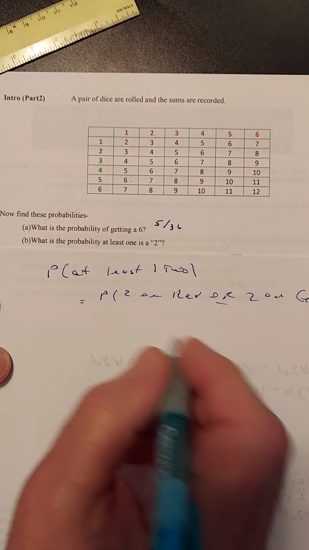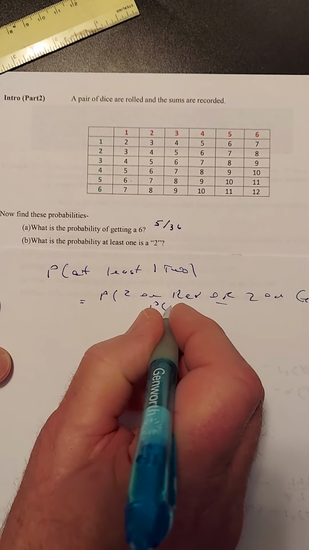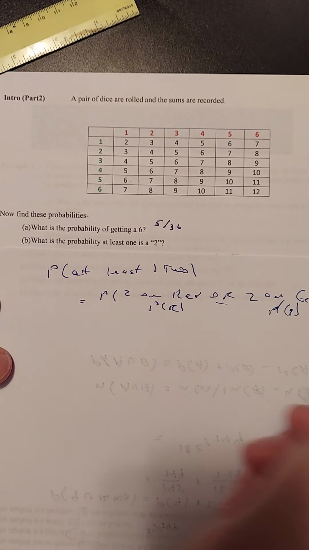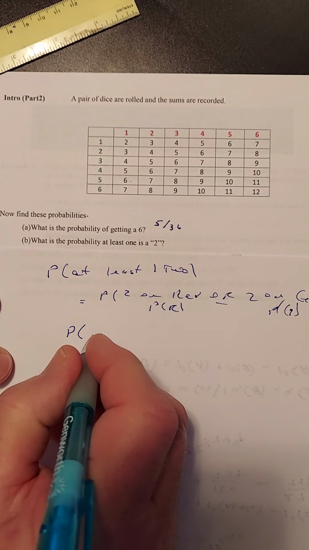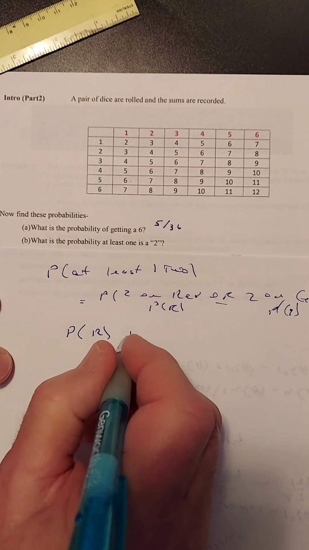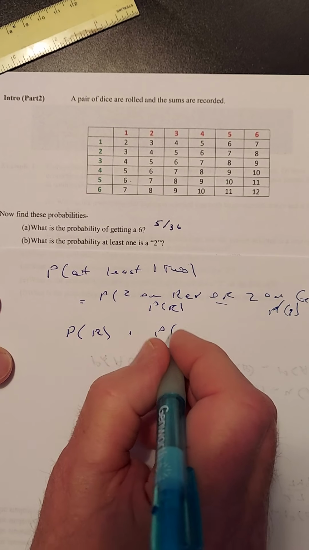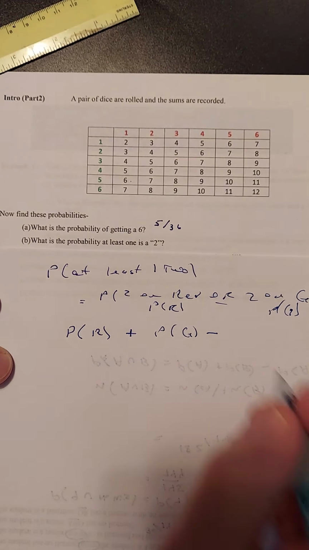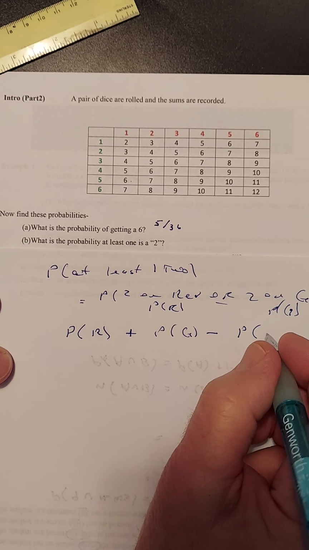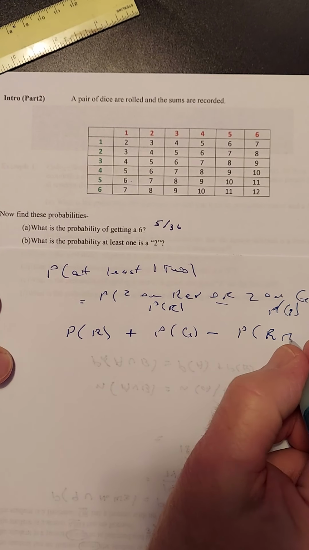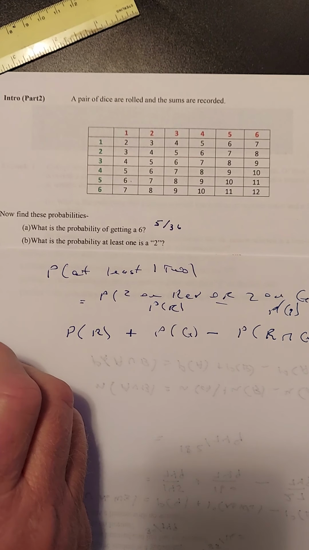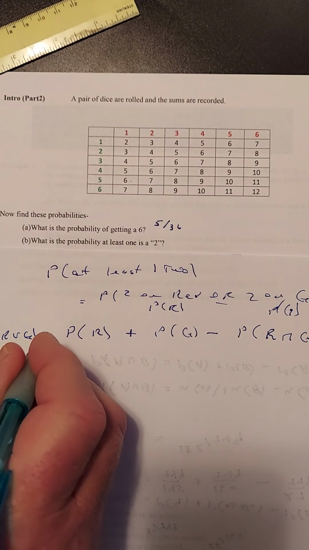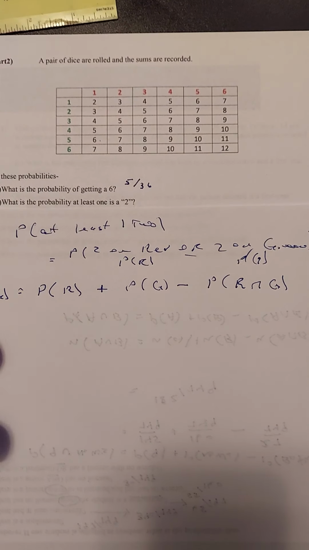Which we know, let's just call this, that's P of R, this is P of green. So using that formula, that would be the probability of getting a 2 on the red one plus the probability of getting a 2 on the green one minus the probability of a red and a green. That's utilizing the formula. I just went through it on the other page.